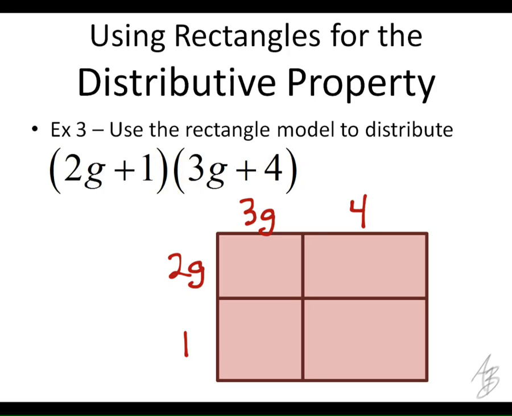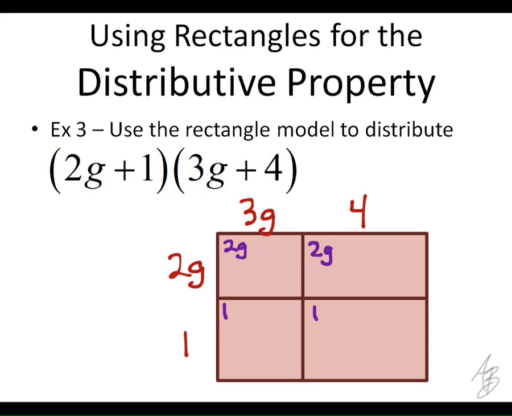All right, so let's go ahead and do this. Keyshawn, can you tell me what the area of this first one's going to be? What do we multiply together to get the area? 2g times 3g. One way to do this that goes kind of fast, if I'm going to keep the 3g off for a second, if I just go down the side here, I know I'm going to multiply 2g for both of these. So I'm just going to put the 2g in both of them, and I'm going to put the 1 in both of these.